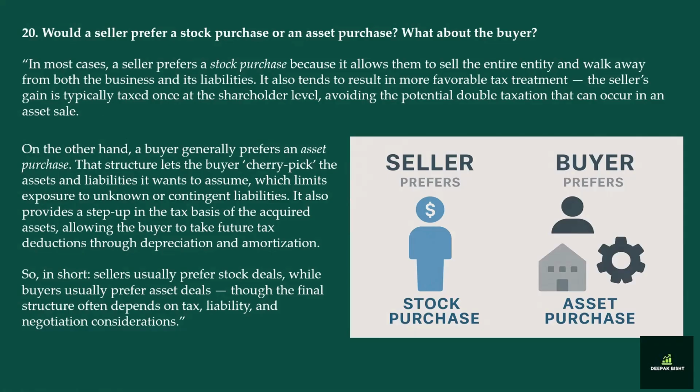In an asset sale, the company first pays taxes on the gains from selling its assets, and then the shareholders may have to pay another round of taxes when they are receiving the money. So sellers prefer a stock purchase because of the double taxation in an asset purchase, which is a downside.